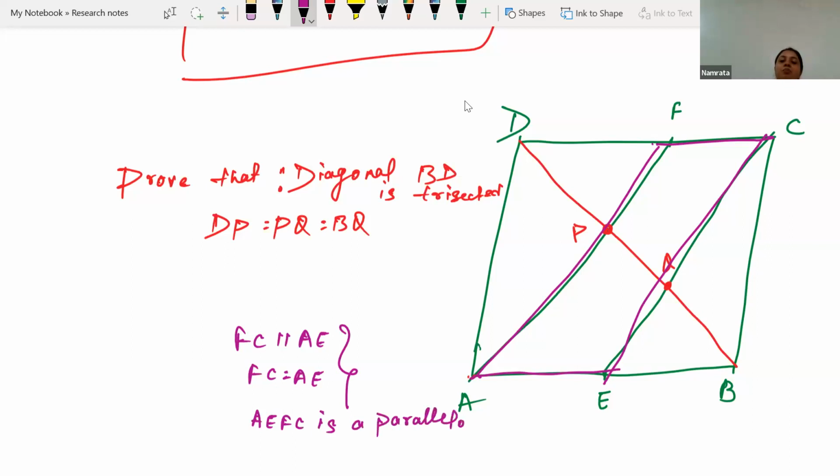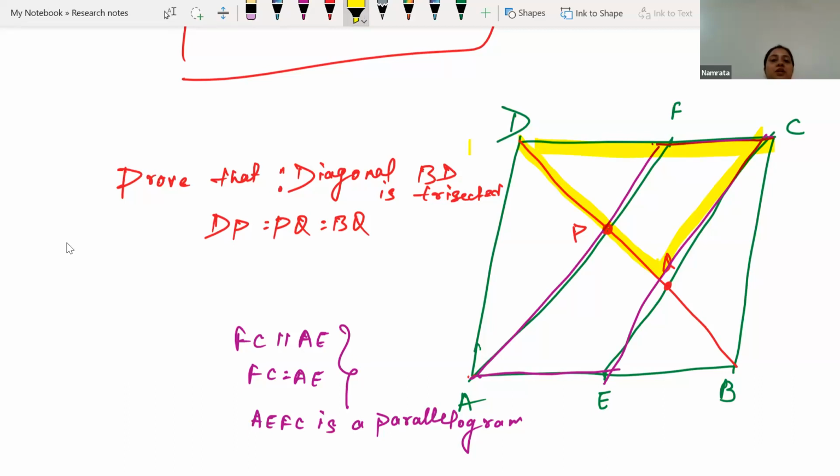Now we have taken the help of the midpoint theorem to prove that DP, PQ, BQ all are the same. Here we can see one triangle, the yellow triangle, and we have applied the converse of the midpoint theorem.